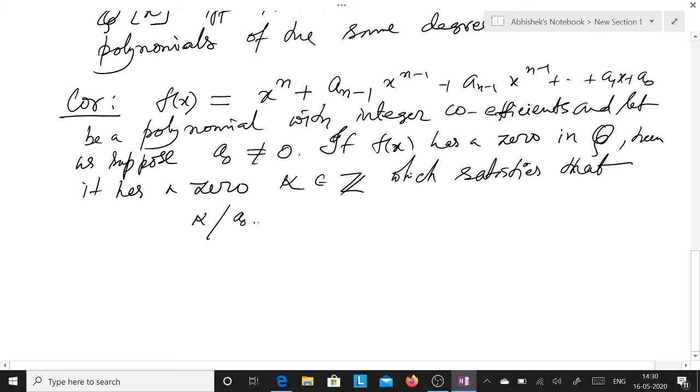So that means you will search the integer roots of this polynomial amongst the divisors of a_0. Right?